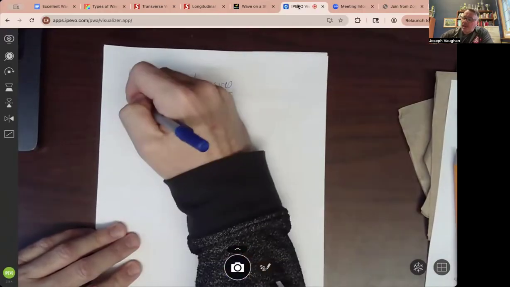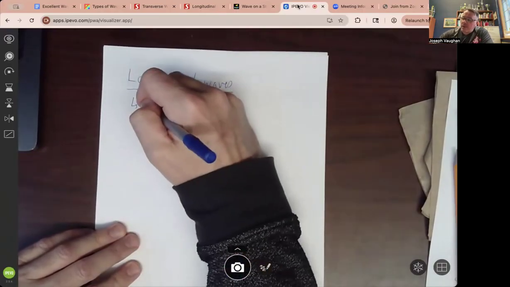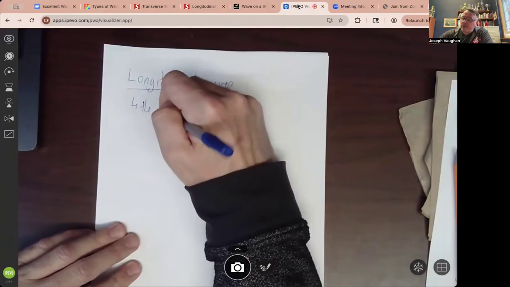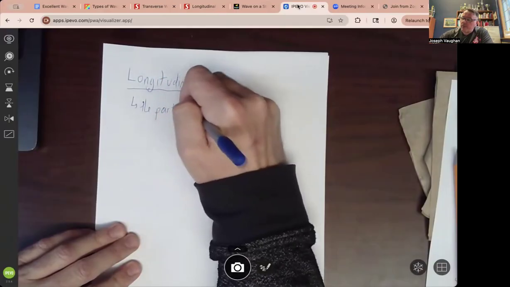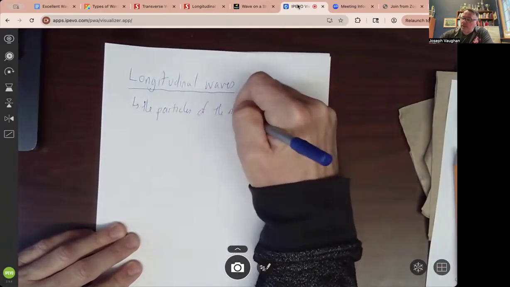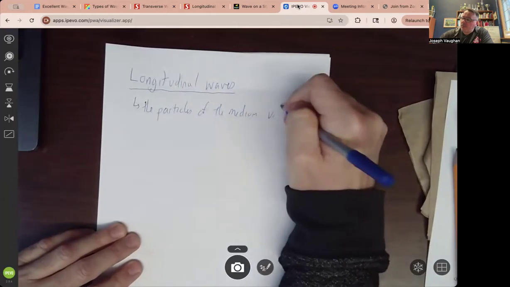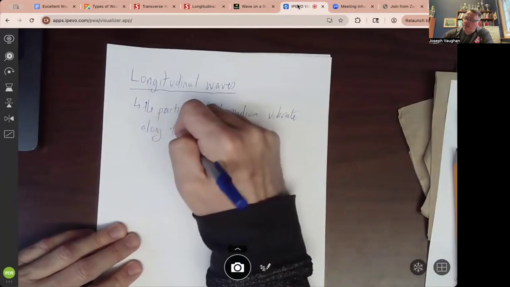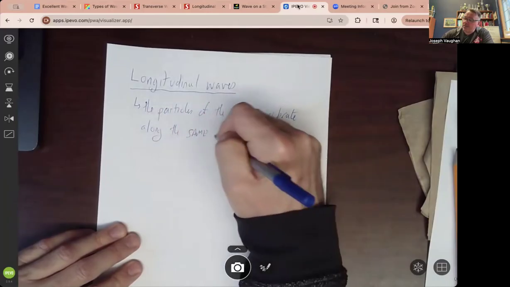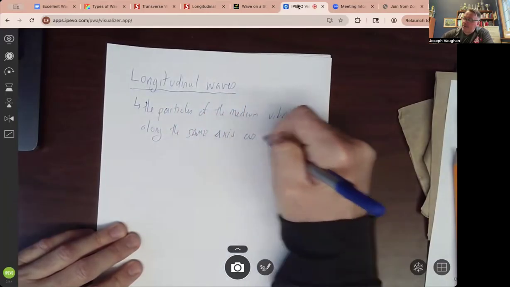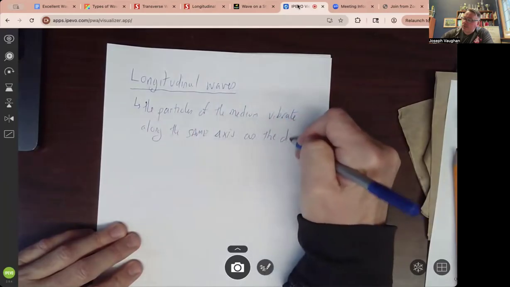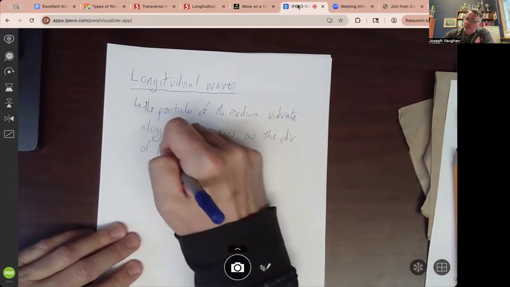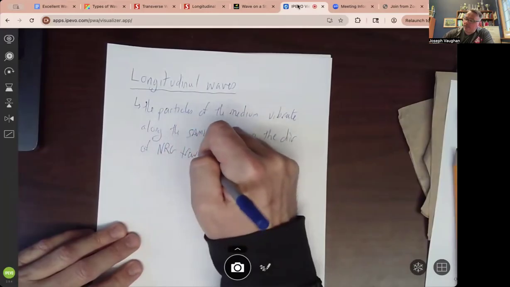Okay. And in these, the particles of the medium vibrate along the same axis as the direction of energy transfer.